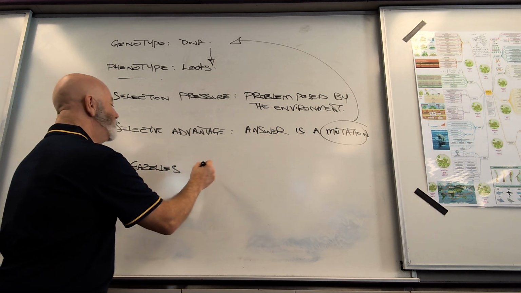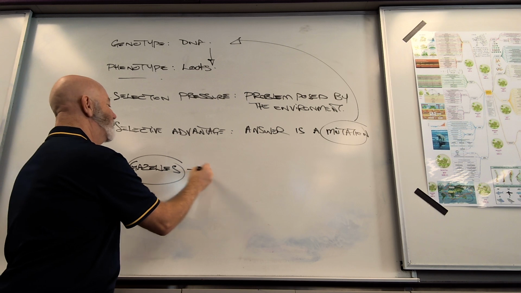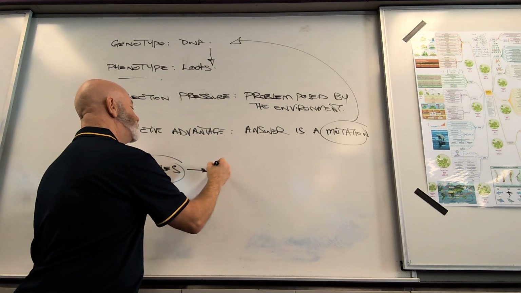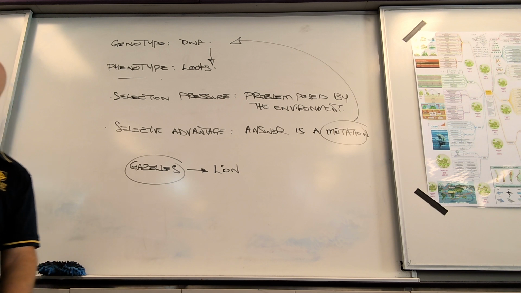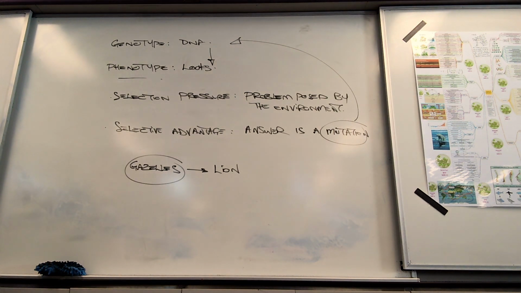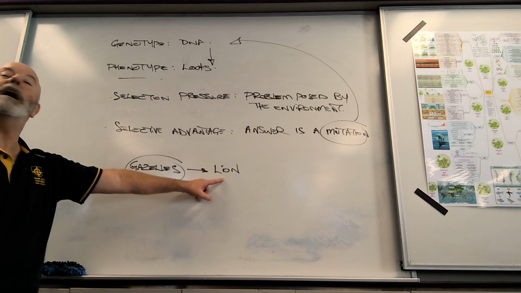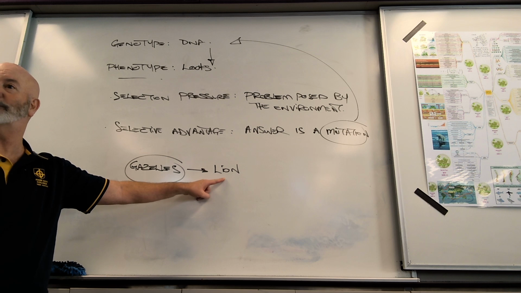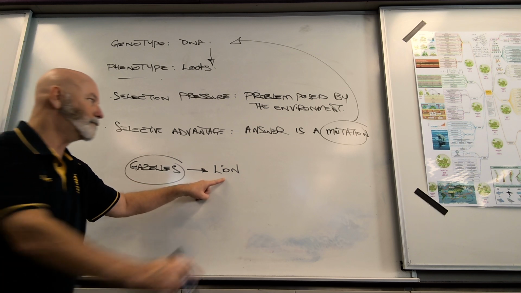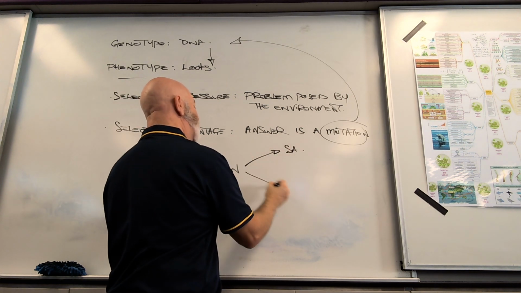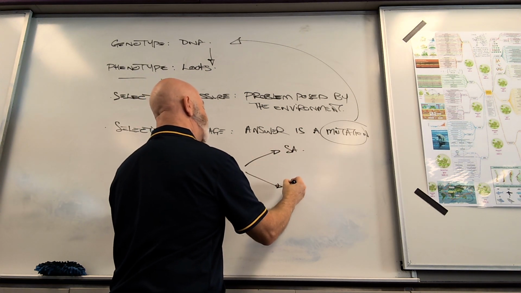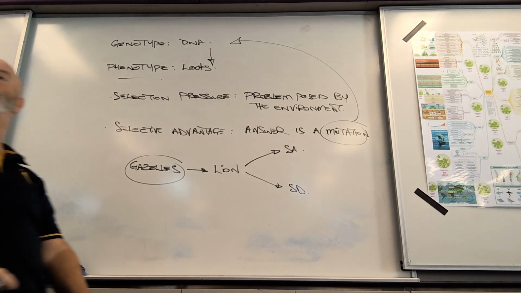Into the area moves a lion. The lion here likes to eat gazelles. Which gazelles will have the selective advantage and which gazelles will have a selective disadvantage?